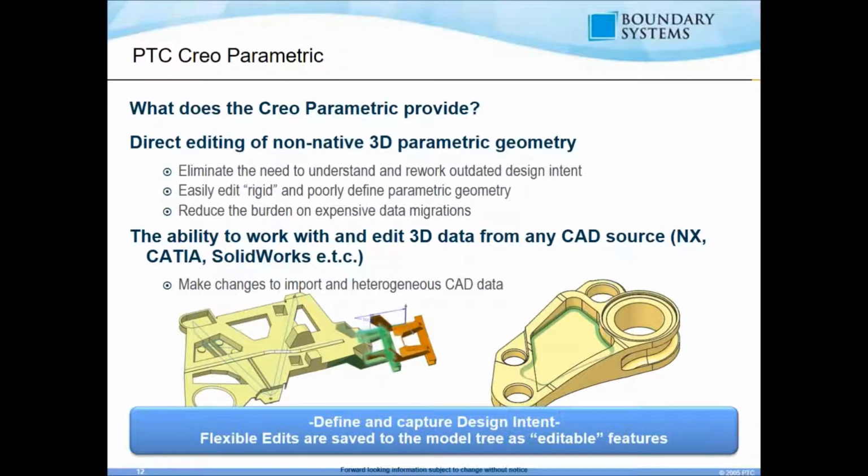All right. So just by way of a summary, what does Creo provide? So first, a couple different things. One is the Unite Technology platform provides the ability to open non-native Creo data. So NX, CATIA, SolidWorks, right? And embed them or use them inside of your Creo model, right?